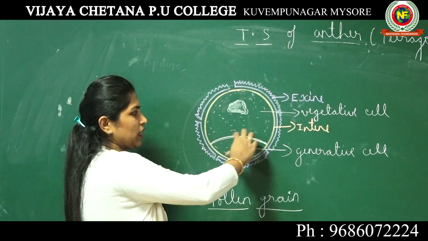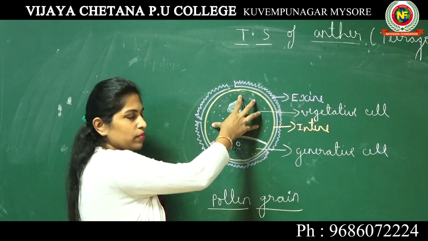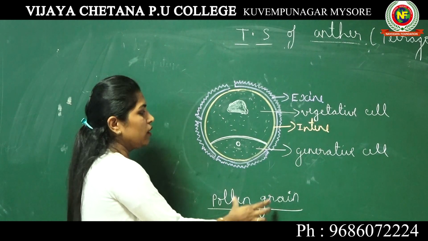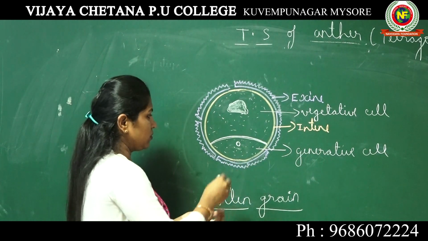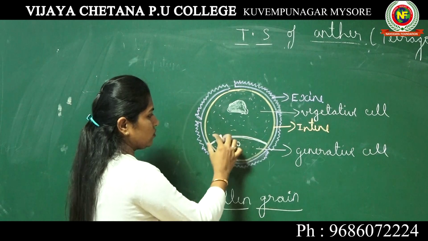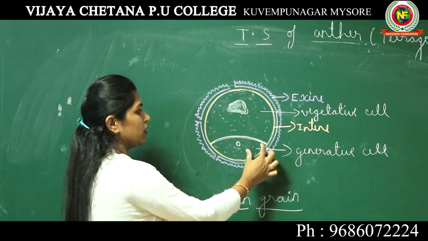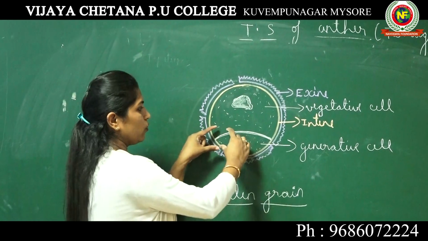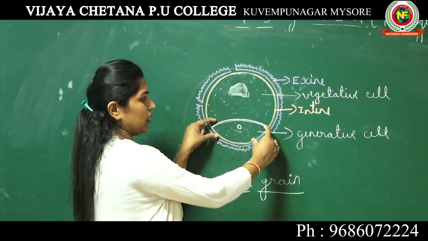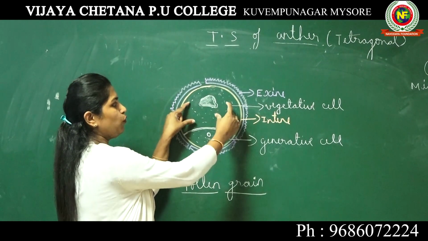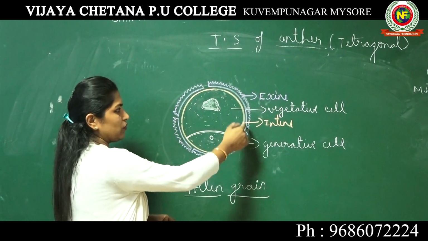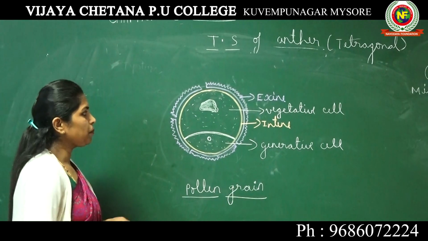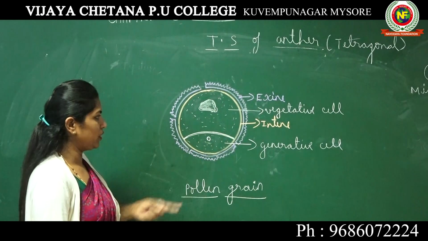Since the vegetative cell has a lot of cytoplasm, when we look into the structure of the pollen grain, it appears that this spindle shaped generative cell is floating in the cytoplasm of the vegetative cell, because this cytoplasm is very dense. Now this is the structure of the pollen grain.